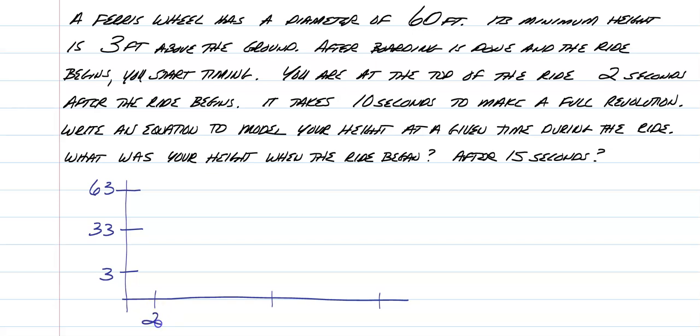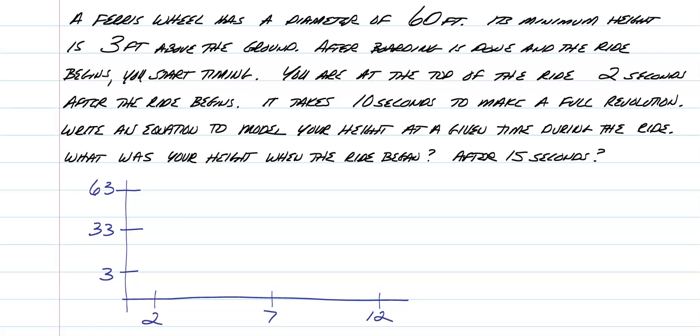So we're going to have a 2 for our first tick mark. And then it says it takes 10 seconds to make a full revolution. So 10 seconds past 2 would be 12 seconds. Do you need the 7 in the middle? Not really. It's not going to help you much, but you can put it there if you want.